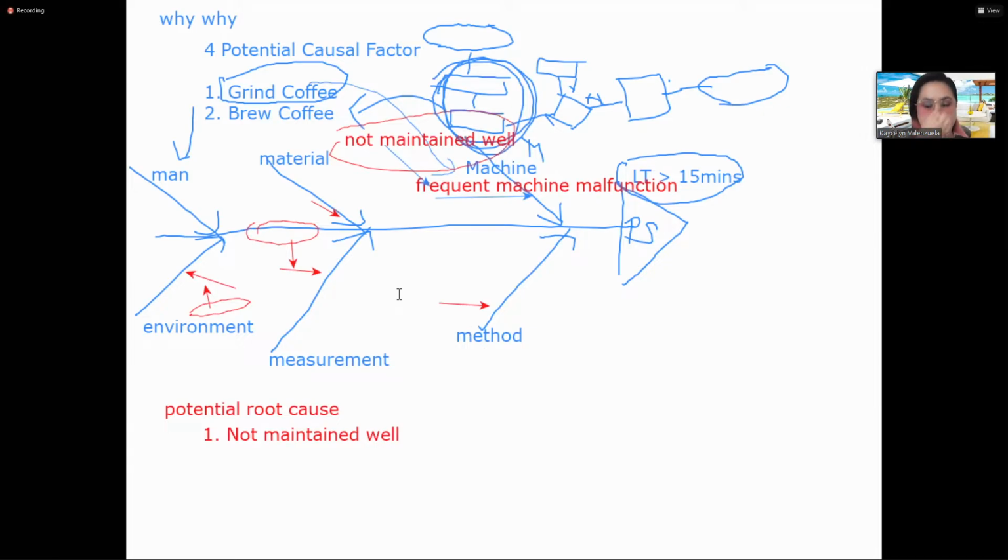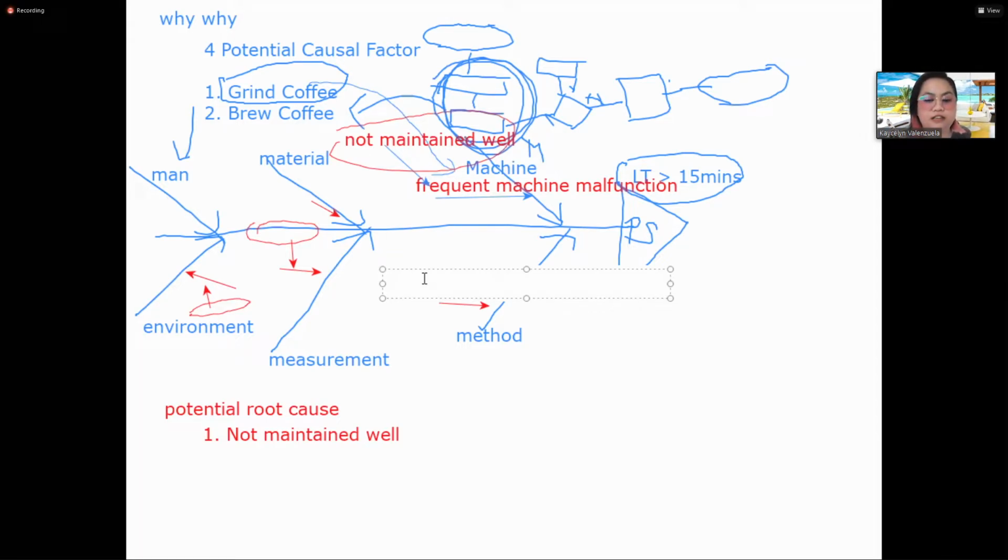In terms of method, how the grinding was done. Meron ba kayong gustong i-share? Ayan, sa chat box natin. In terms of method, bakit kaya yung method related to grinding coffee resulted to a lead time of greater than 15 minutes?